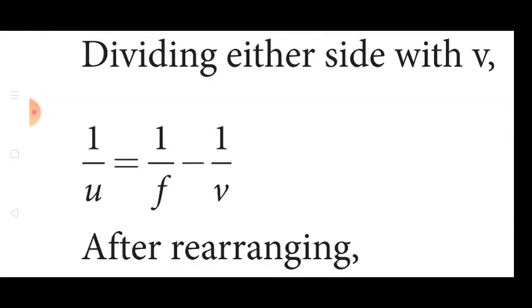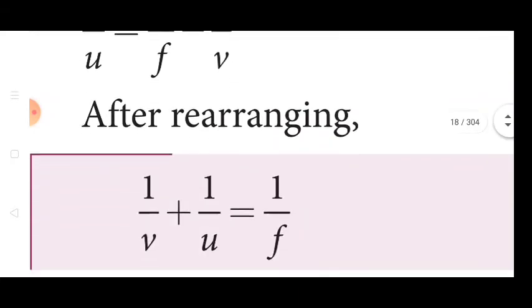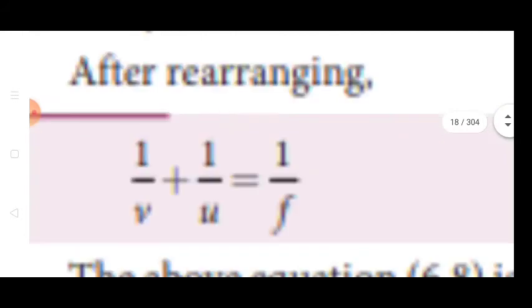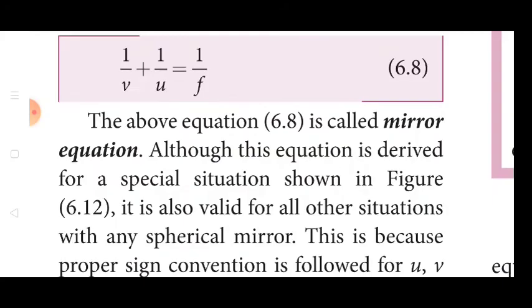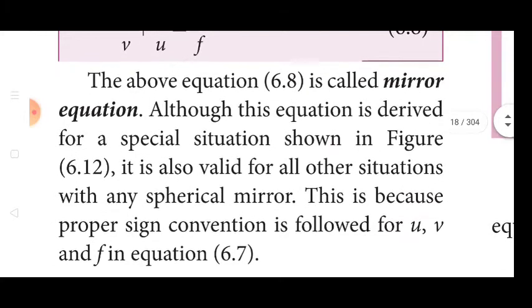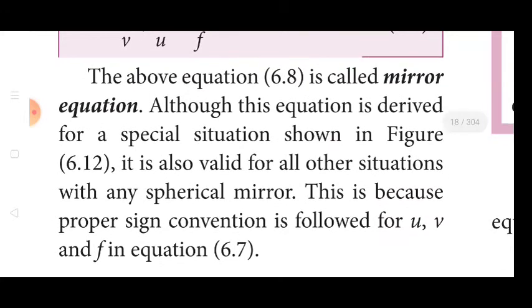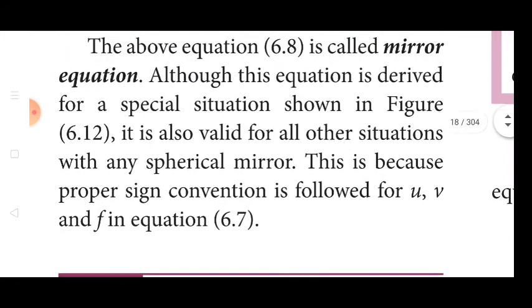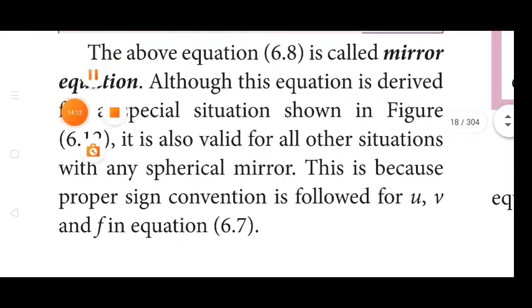After rearranging, we get 1 by v plus 1 by u is equal to 1 by f. It is also valid for all the situations with any spherical mirror. This is because proper sign convention is followed for u, v and f in equation 6.7.